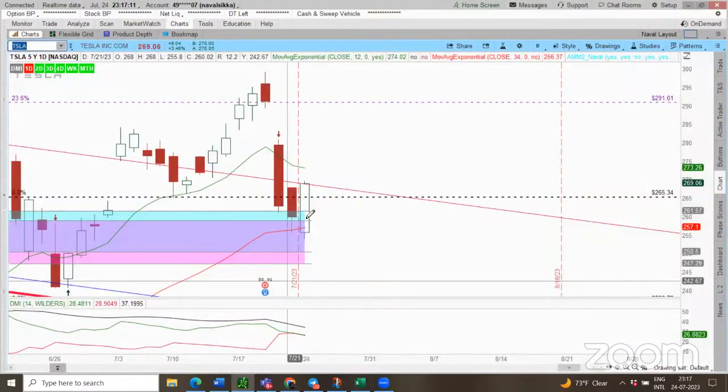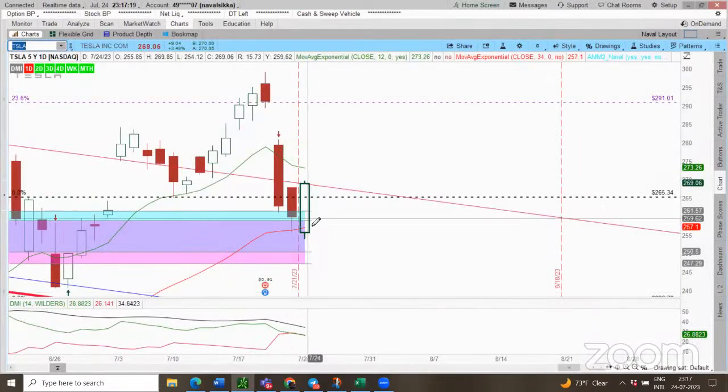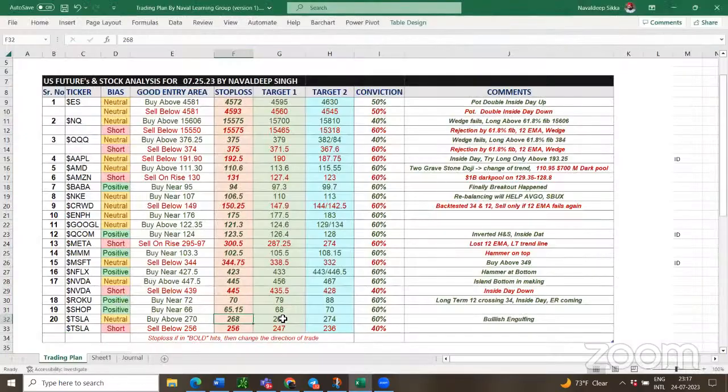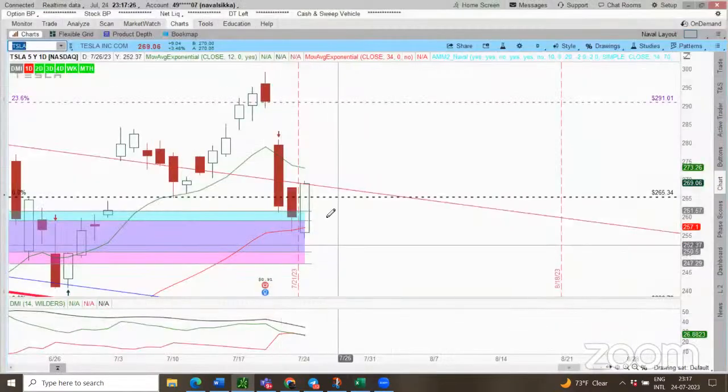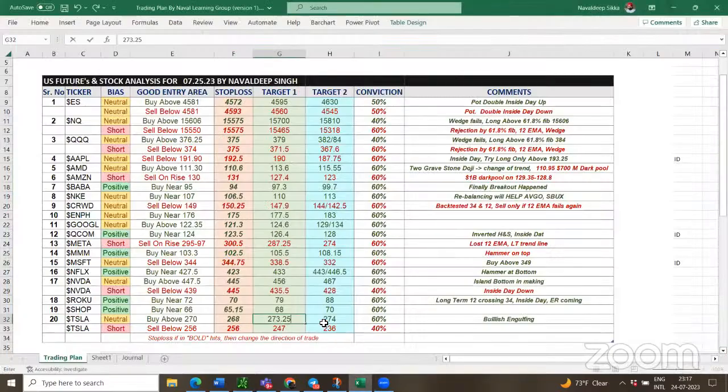Buy above today's high. Today's high is 269, so buy above 270. This will be the trade where you can actually make some really good money. 273.25. And then once we clear this, we're heading towards 279. 279 was the breakdown zone the day after the earnings.